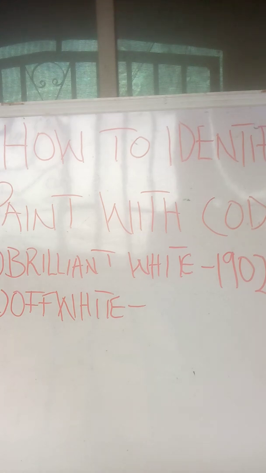Off-white is also a very popular color in the market, as a lot of people use it in their sitting rooms, and they also use it on pillars and window hoods. It's fine. It's balanced. It's a cool color. It's not sharp. It doesn't shout.